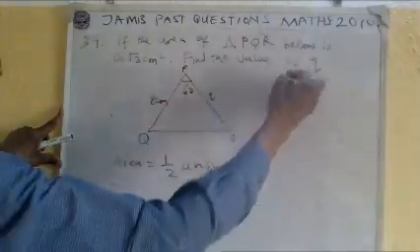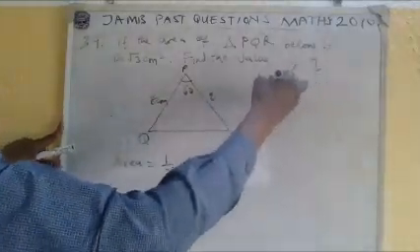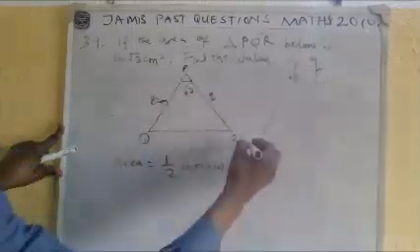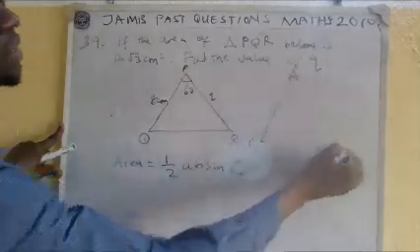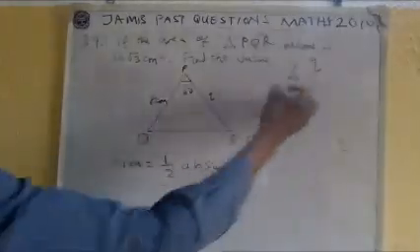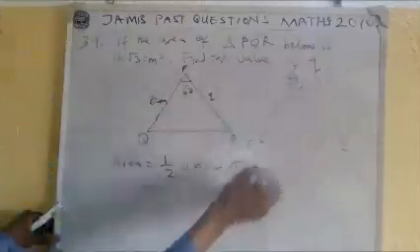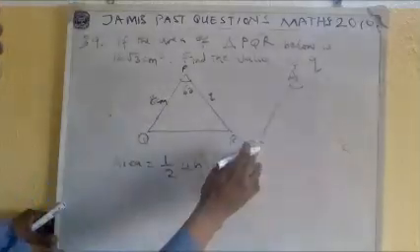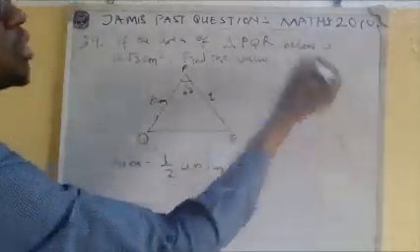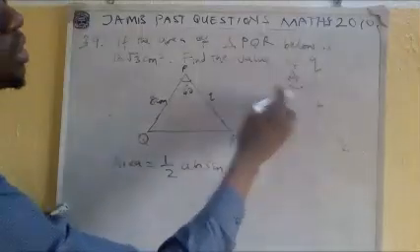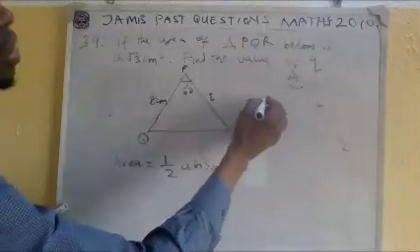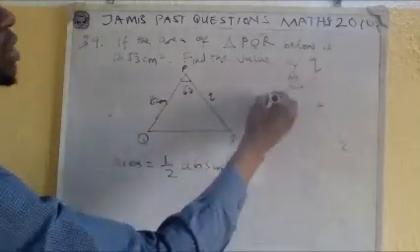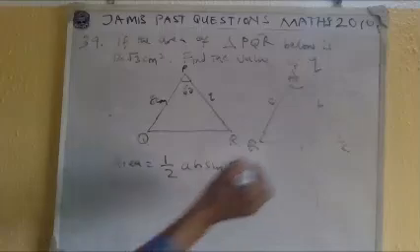See, if this is big A, big A side, big A vertex, big B, and big C. So this now is angle A. This is big B. This is big C. Opposite now is small b, and this one opposite here is small c, and this one is small a. You understand? Small a.